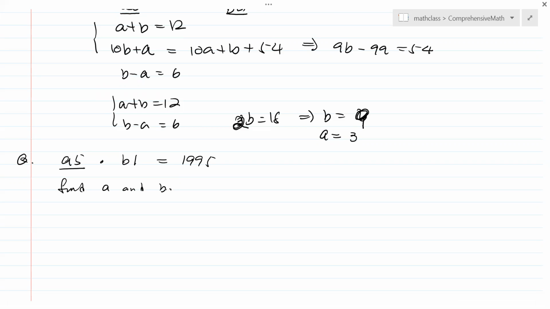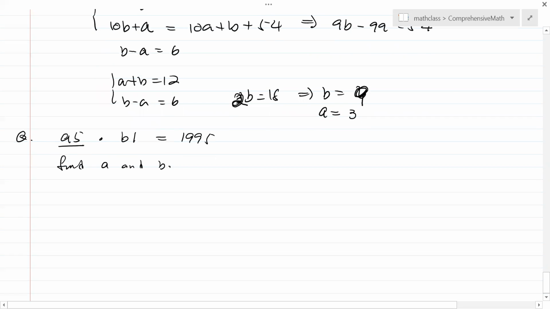So how do you solve this problem? First of all, guys, there are a couple of ways to do it. Now, 1995 is divisible by 5. Maybe you should factor 1995 first.